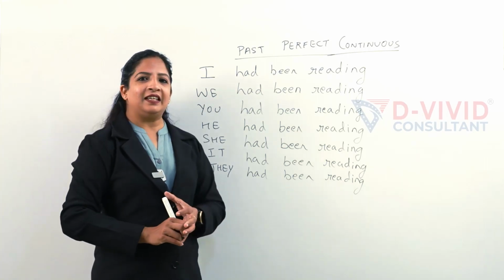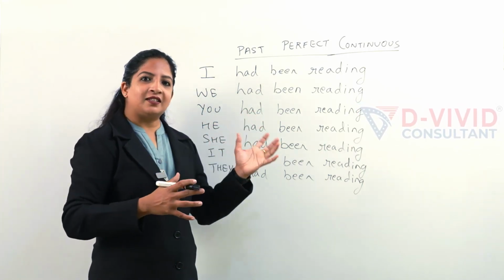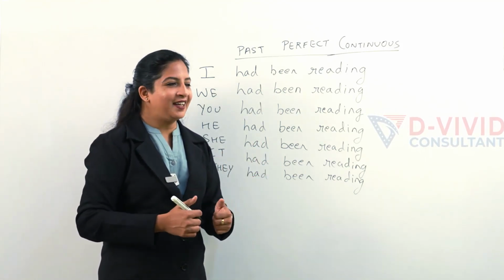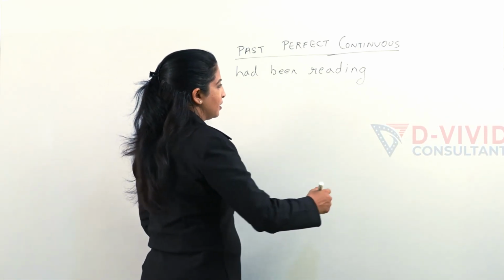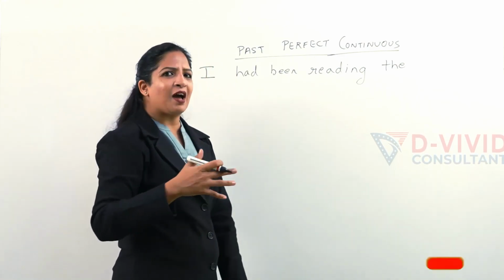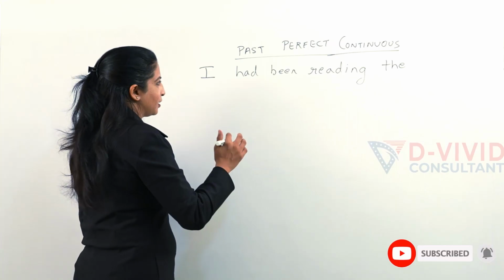So let us see how to make the sentence into question and negative. Ready? I had been reading the newspaper. Do you have the habit of reading the newspaper? If not, have it.